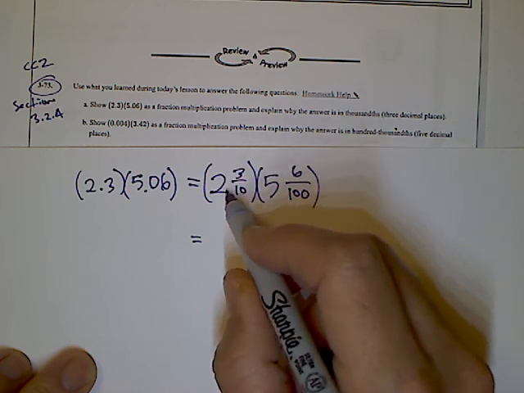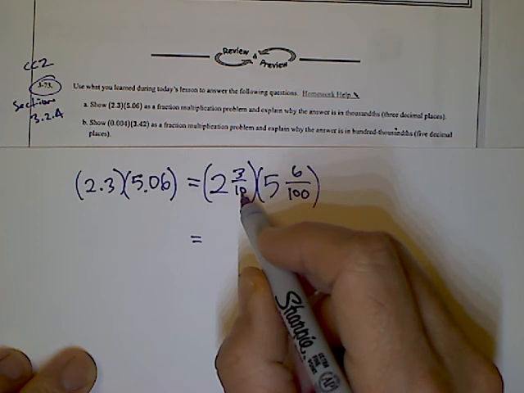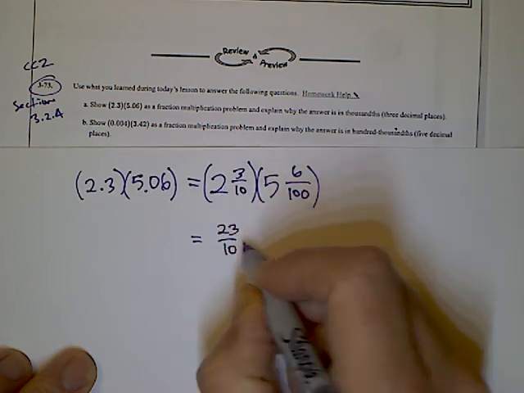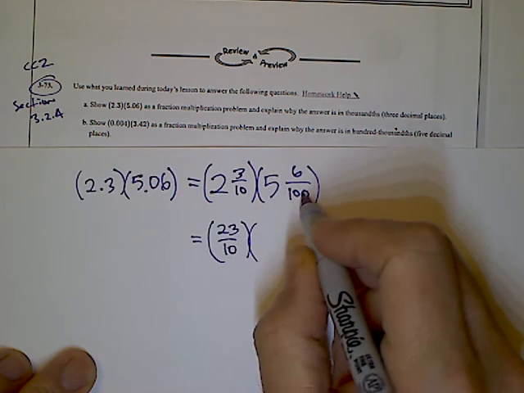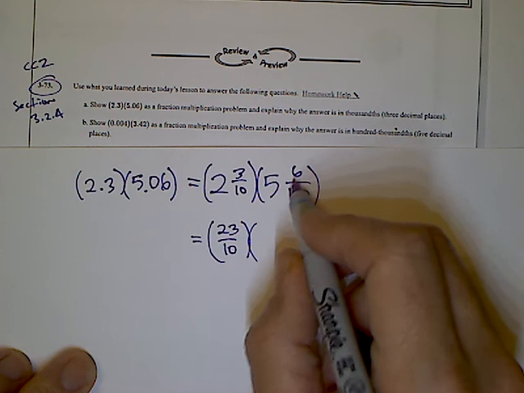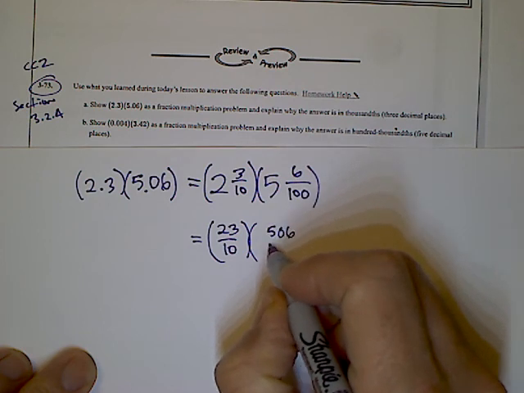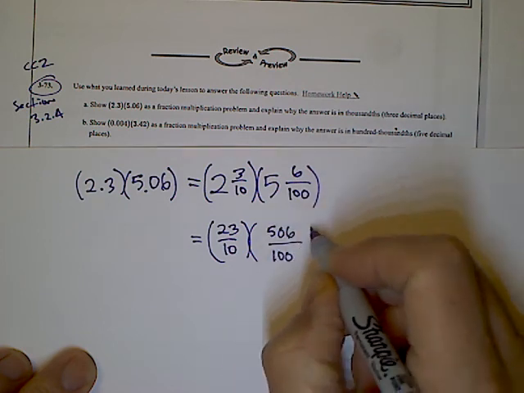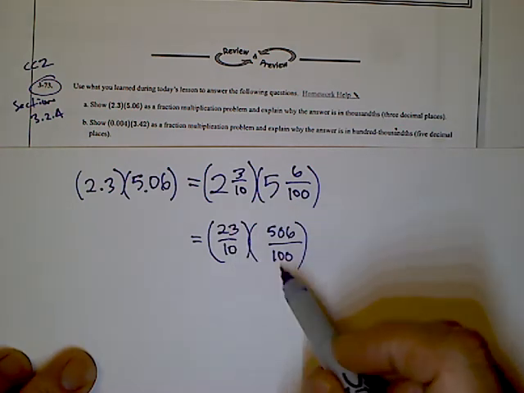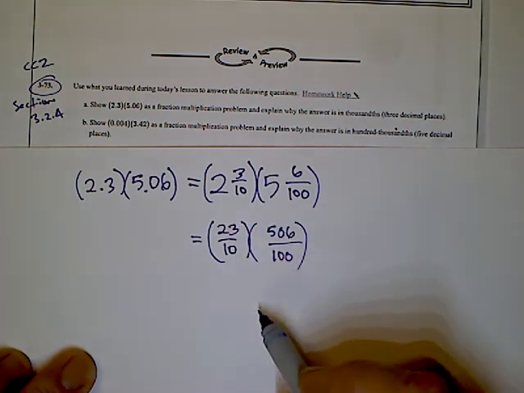So it's 10 times 2 is 20, plus 3 is 23, so this is 23/10. In this one, the same way, 100 times 5 plus 6 is 506, so 506 over 100. Now it's in fractional form, and I can do the multiplication.